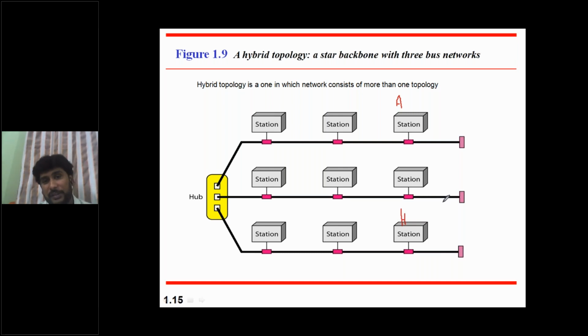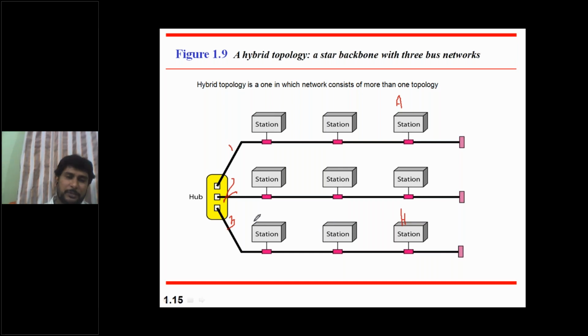So A will transmit the data through its link to the hub, and the hub identifies that the destination H is connected to link 3. Let me number the three links: link 1, link 2, and link 3. So our source is connected to link 1 and our destination H is connected to link 3. This is how the data has to be transmitted.